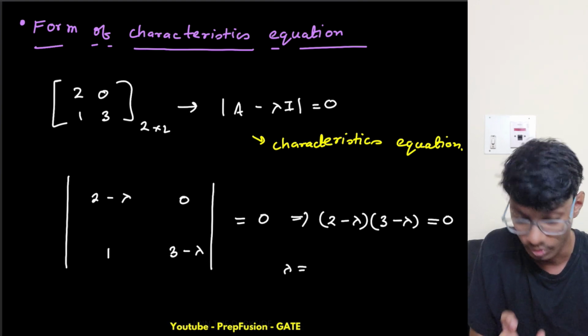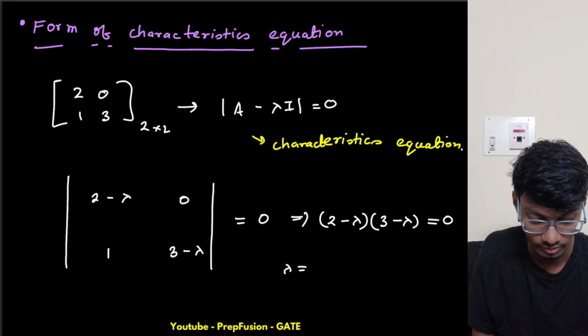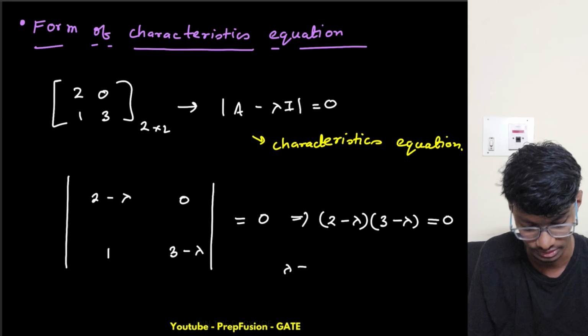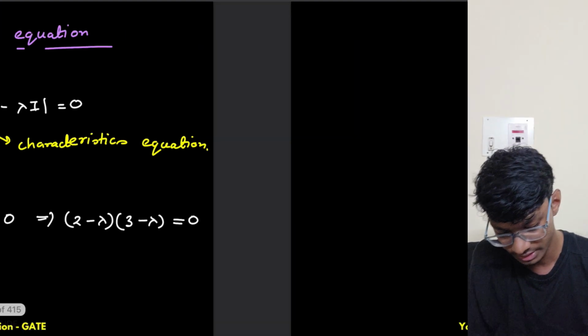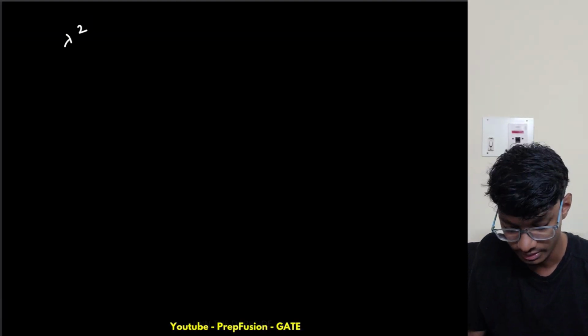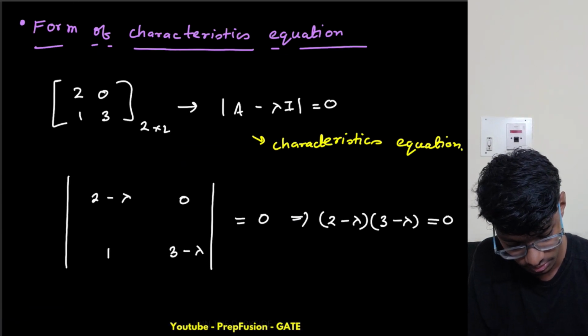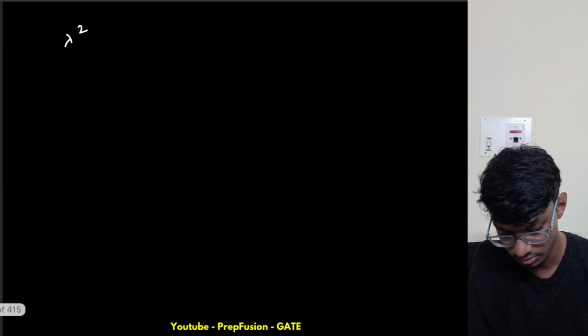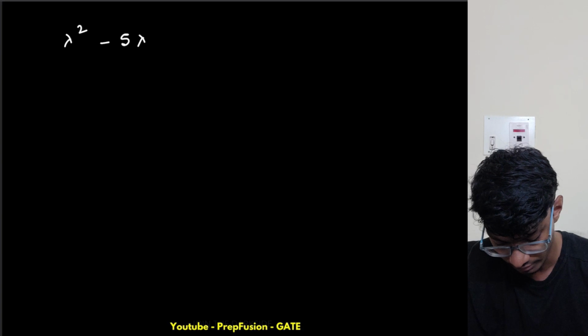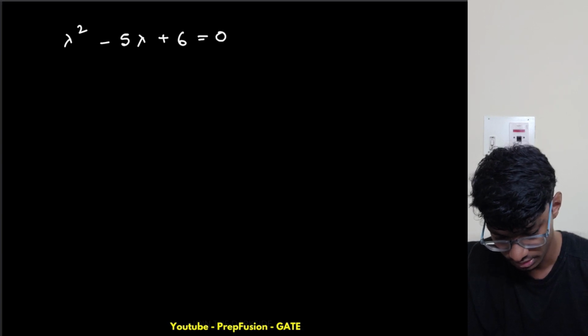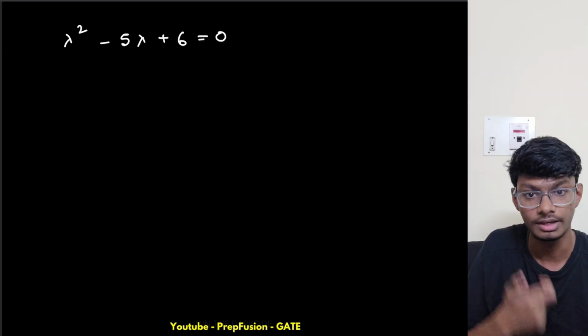I will not solve for lambda this time. I will write the equation itself. So what is the final equation I get? Lambda square minus 2 lambda minus 3 lambda, so overall minus 5 lambda plus 6. So this is lambda square minus 5 lambda plus 6.